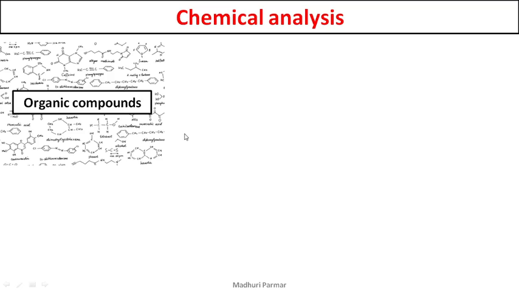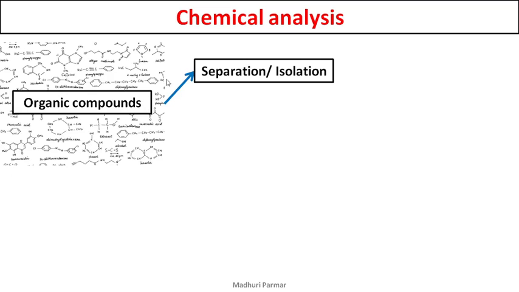Now how do you exactly find out what compounds are present in this filtrate? You take the organic compounds from that filtrate, and separation or isolation is carried out. This separation can be done using many different chemical methods.